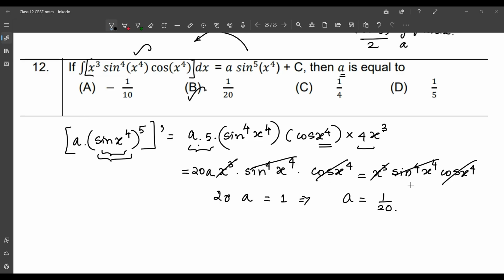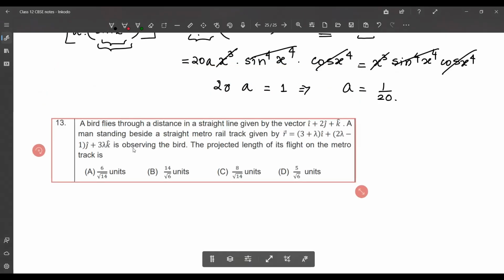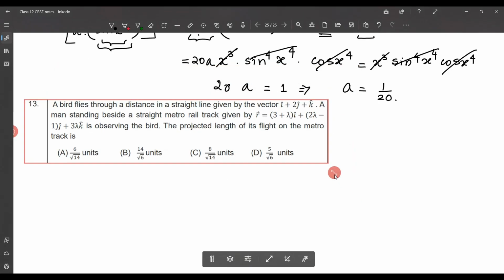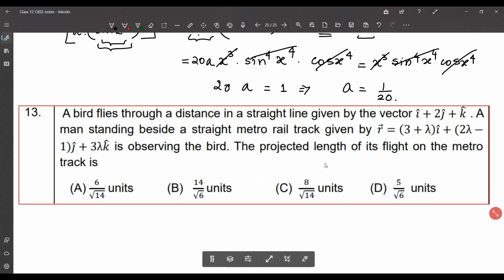Question number 13. A bird flies through a distance in a straight line given by the vector. A man standing beside a straight metro rail track given by a line equation is observing the bird.